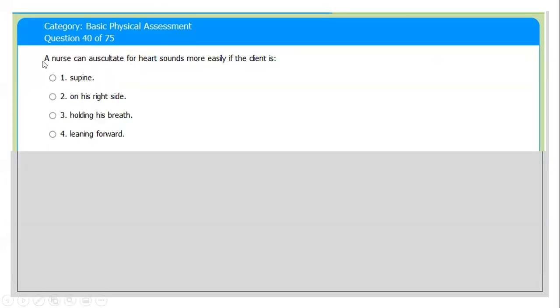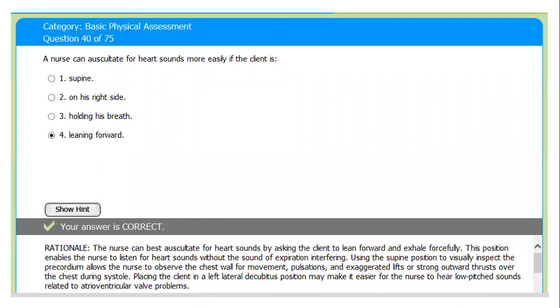Next question here. A nurse can auscultate heart sounds more easily if the client is supine, on his right side, holding his breath, or leaning forward. So in which position will you get the best heart sounds? The answer is leaning forward.